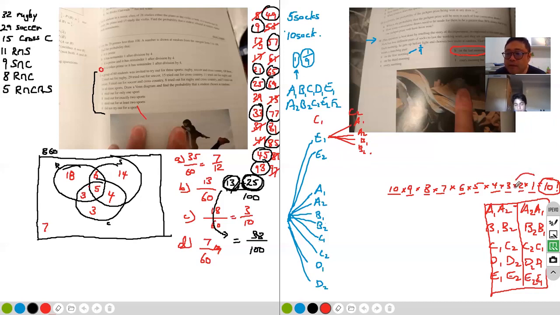So this will be 10, and then your 8 remaining socks, which would be 8 factorial, for the 2 times 1 at the end being the final day.